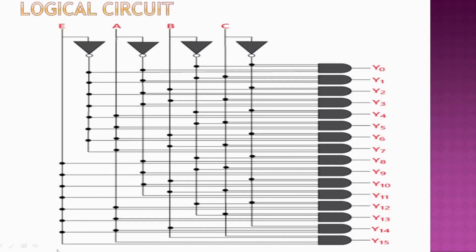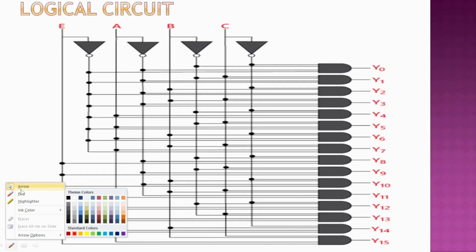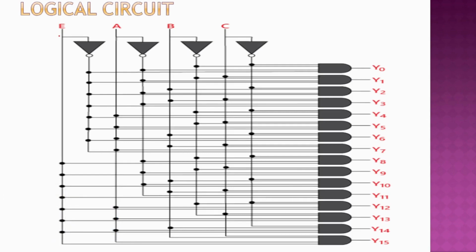This is the logical diagram for the 4 by 16 decoder. So mention the enable pin. Afterwards, either you will mention this enable pin or you will mention A0, A1, and here I will mention A, B, C, A0, A2 and A3.